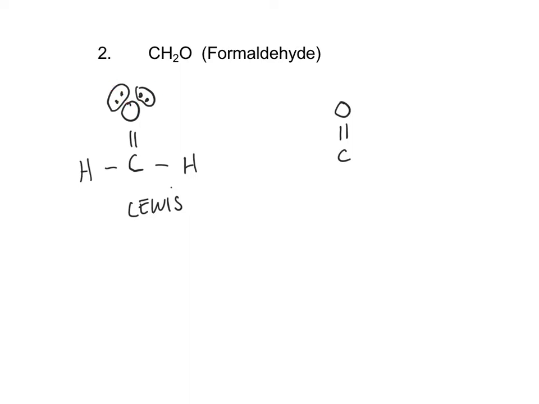So 3 groups means sp2 hybridization, and you can think here, this is 120 degree angles, sp2 hybridization for oxygen, and then similarly for carbon, there are 1, 2, 3 groups of electrons. So this is the VSEPR structure.